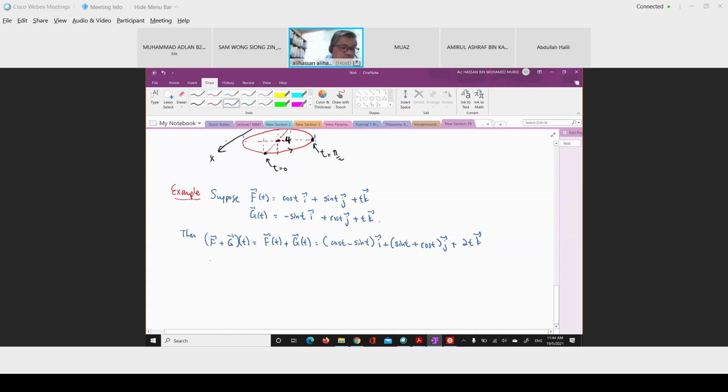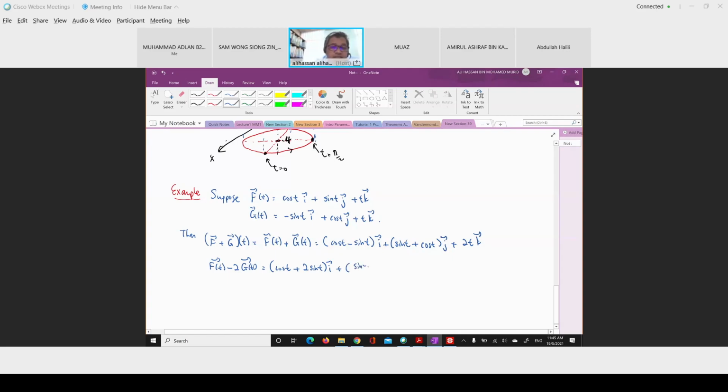And suppose what is F(t) minus 2G(t) equal to? We have cosine t plus 2 sine t for the component i. And what about the component j?